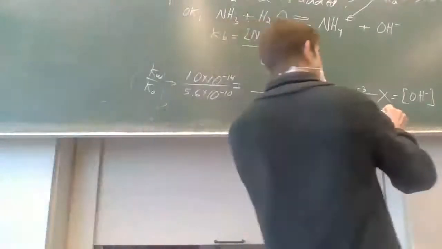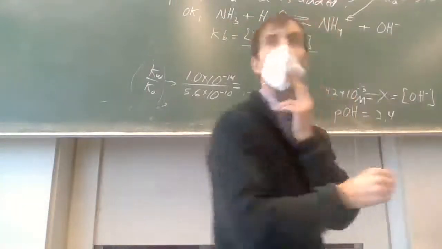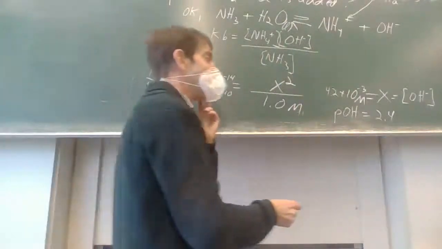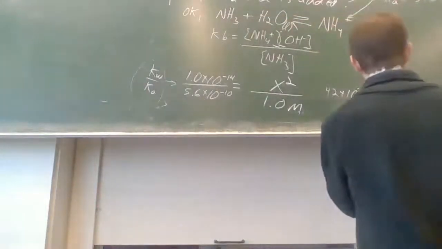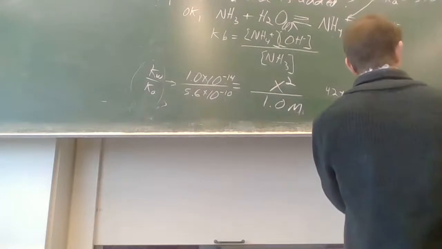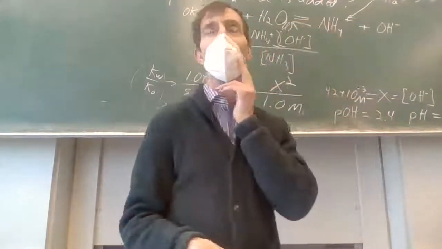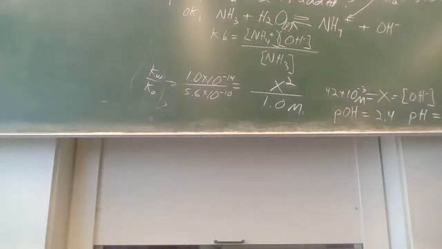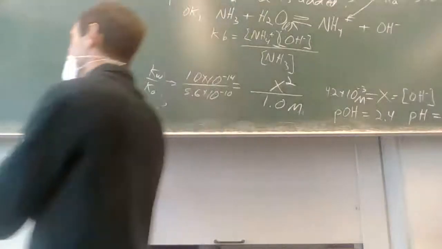Chelsea? 2.4, does that check with others? Thanks for doing that. Okay, if the POH is 2.4, what's the pH? Can we do it mentally? I bet we can. Ellie, what'd you get? Super. So it is indeed a base. It's a KB problem. That is over 7, and it is a basic pH, so to speak.